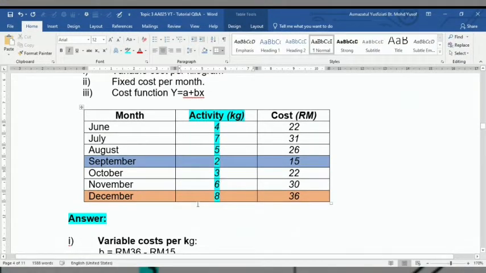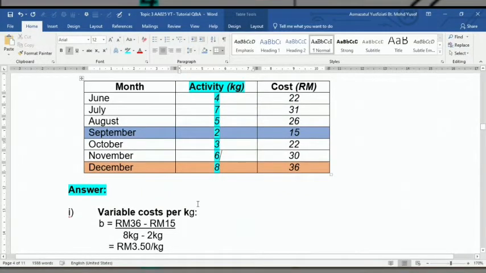Firstly is to calculate the variable cost. Okay, the formula for variable cost is the highest cost minus the lowest cost, divided by the highest activity minus the lowest activity.